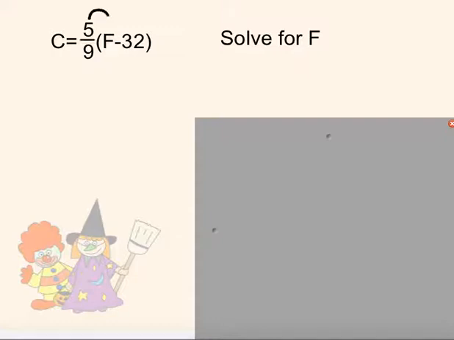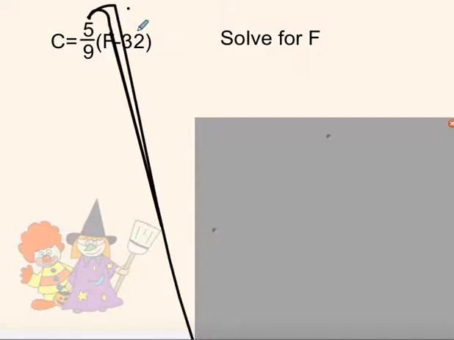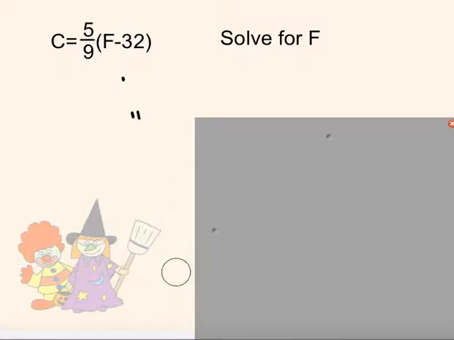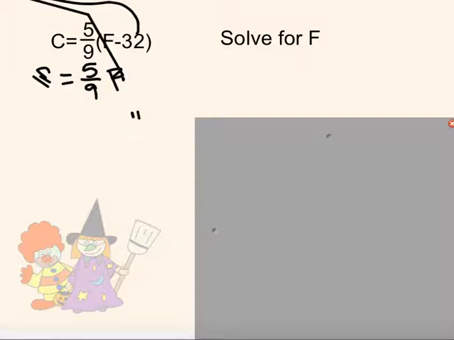I distribute, okay, and I see that I get C is equal to 5/9 Fahrenheit, and then I'm going to multiply again times this negative 32, which is really just doing 5/9 times negative 32 over 1, which gives me minus 160 over 9.